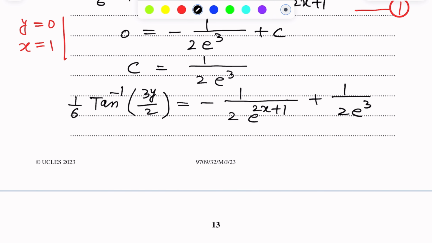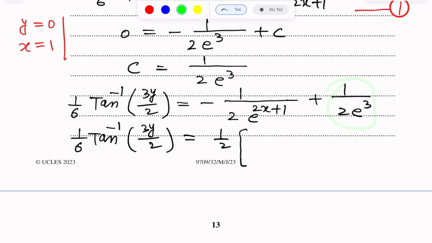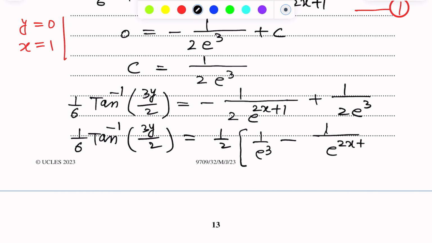After simplifying, taking 1 over 2 common, we can write it as 1 over 6 tan inverse 3y over 2, and on the right side, taking common 1 over 2, this positive term we write first, 1 over e power 3 minus 1 over e power 2x plus 1.